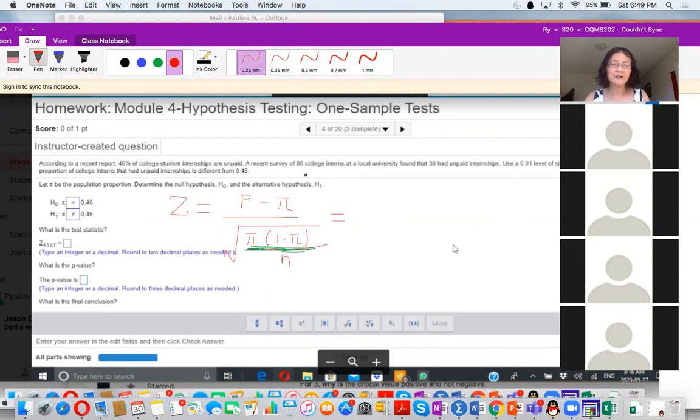p is the sample proportion. See, out of 80 college students, 38 have unpaid internships. So p equals x over n. x is the number of people having some characteristic. n is the sample size.